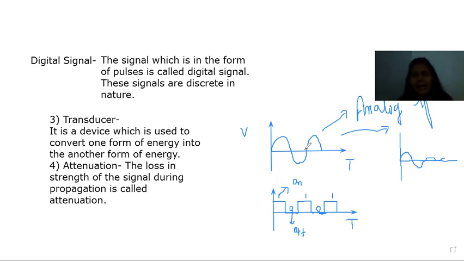So basically, attenuation is the loss in the strength of the signal during propagation.